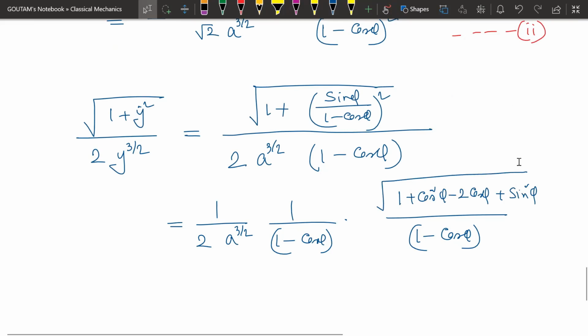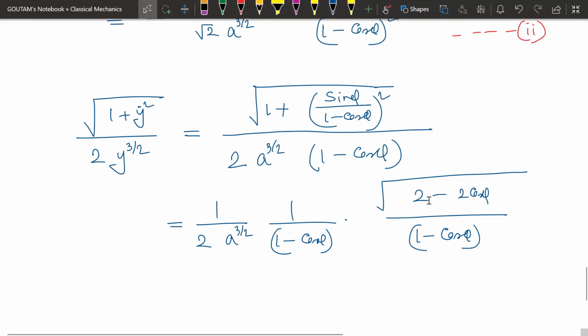Now this cos square phi plus sine square phi is 1, and there is already a 1, so it will be 2 minus 2 cos phi.